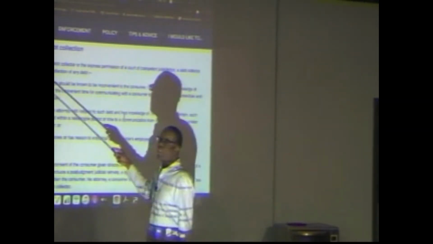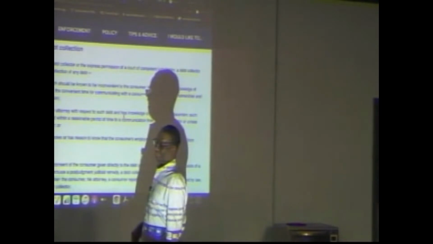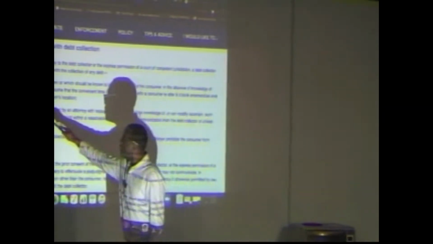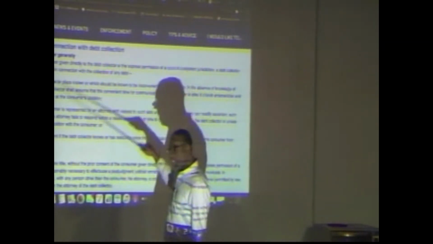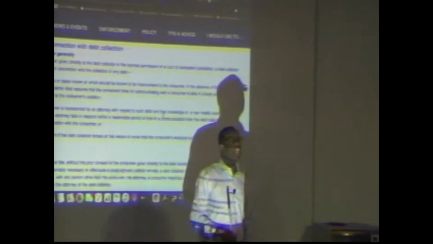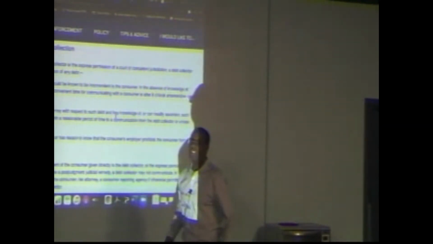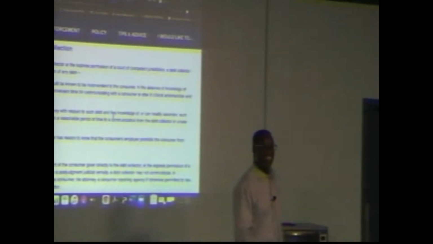This says, I don't care what that contract says. This says, without the prior consent of the consumer given directly, meaning you need to call up the debt collector and say, hey, you can send me this letter saying I owe some money. But if you ain't did that, so that first initial letter is a violation of this. Right?